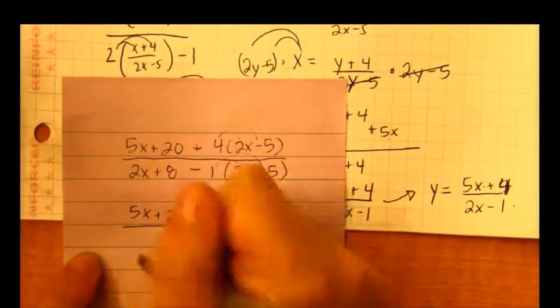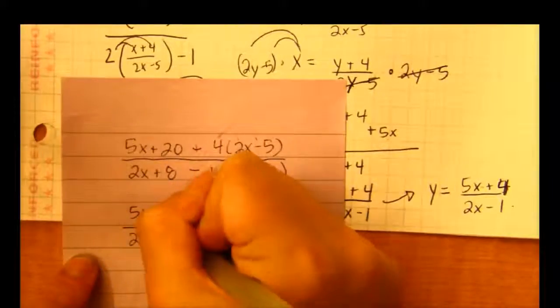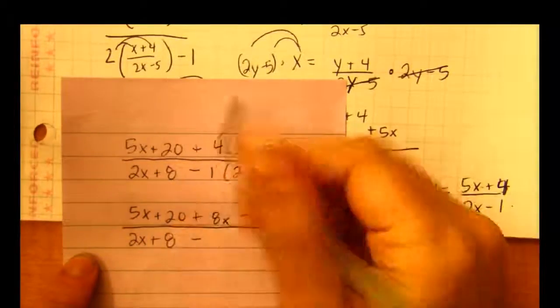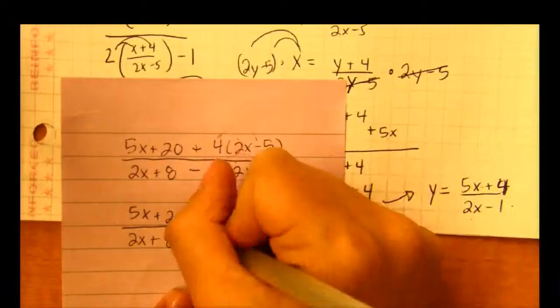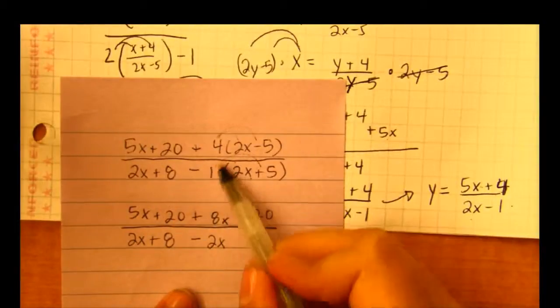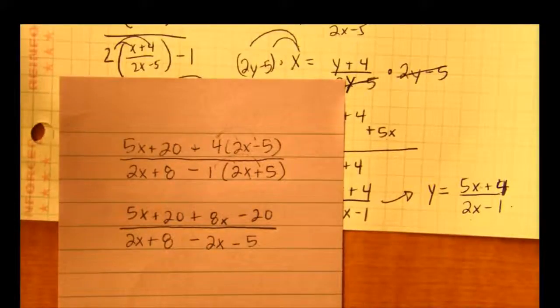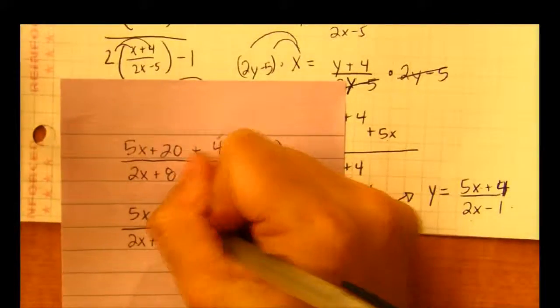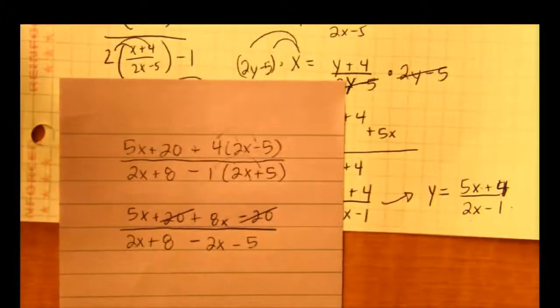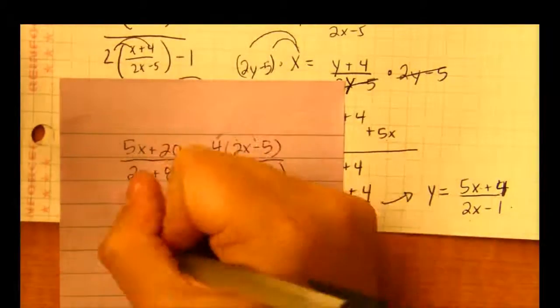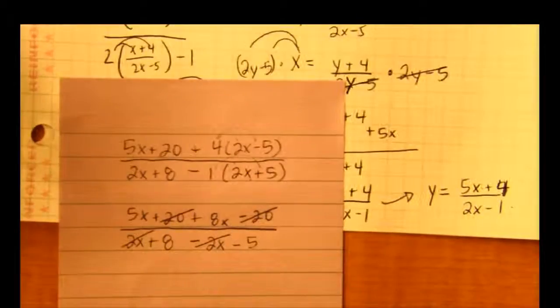Over 2x plus 8 minus 1 times 2x is going to give me 2x minus 5. Okay, so like I said before, these 20s look like they're going to cancel out. These two x's in my denominator look like they're going to cancel out.